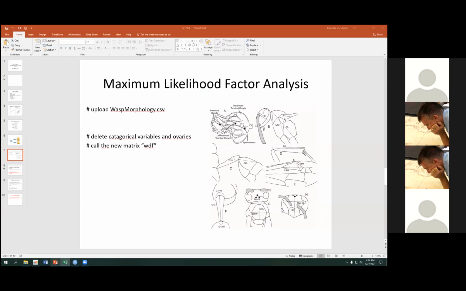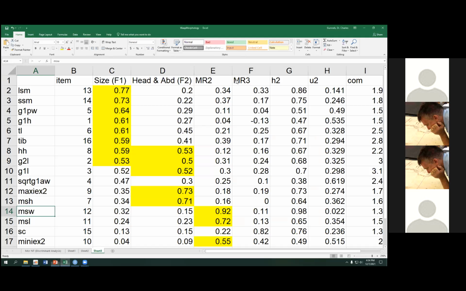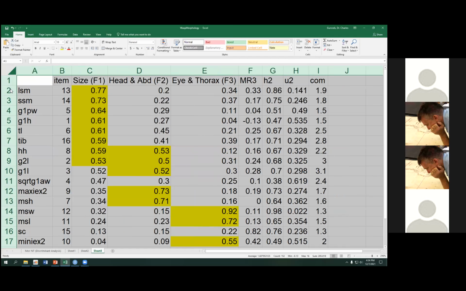Oh, this thorax character, which is a plate along the back of the animal. So we could say I and thorax. F3.